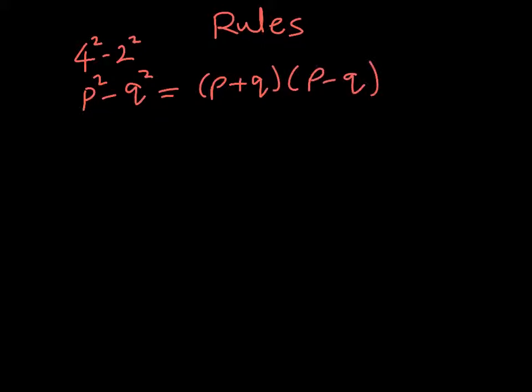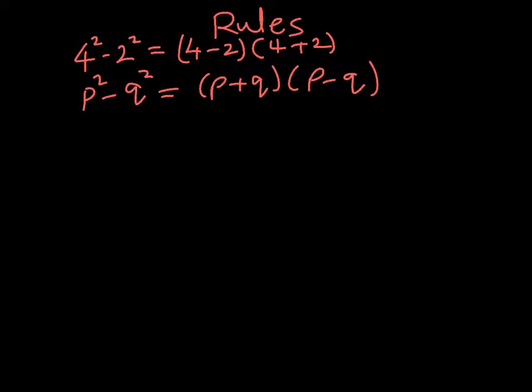Okay, we're going to prove this to you when we talk about expansion, but for now let's just take it as p plus q into p minus q. So when you have difference of two squares, for example, 4 squared minus 2 squared can also be written as 4 minus 2 into bracket 4 plus 2.